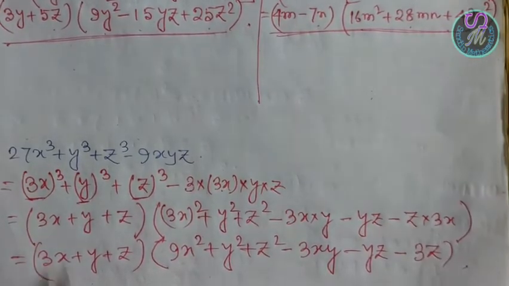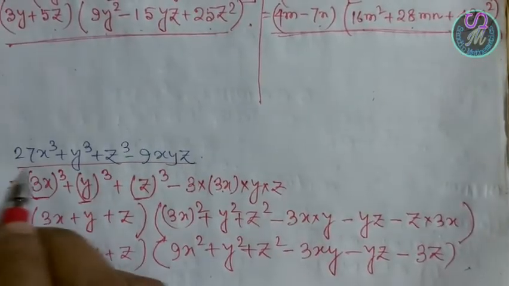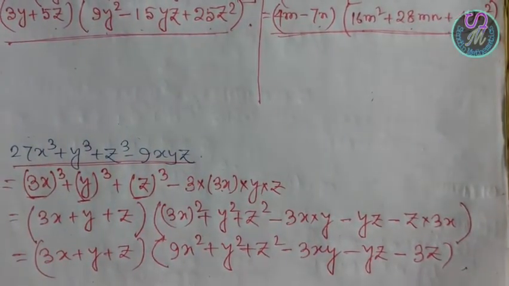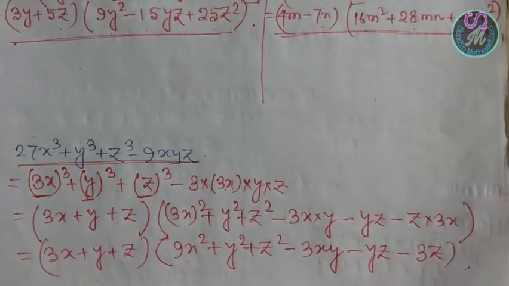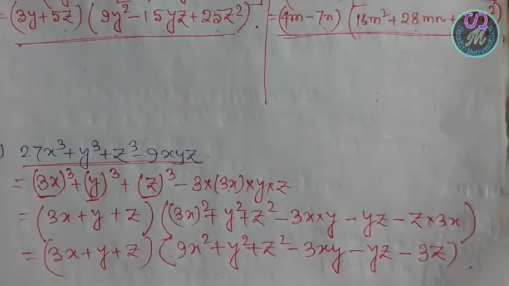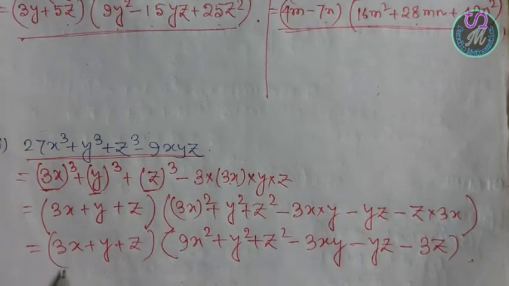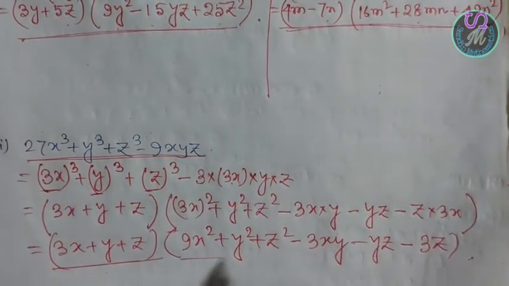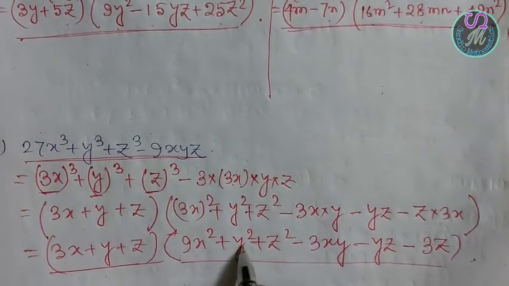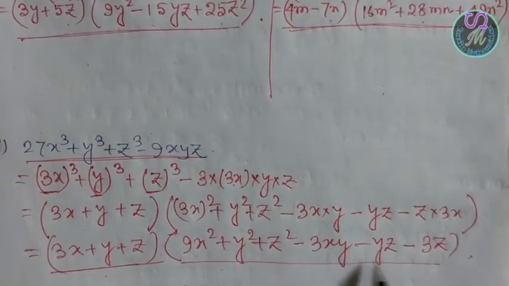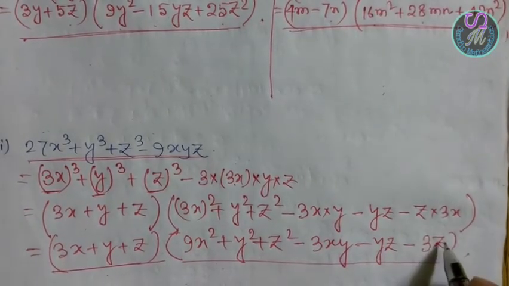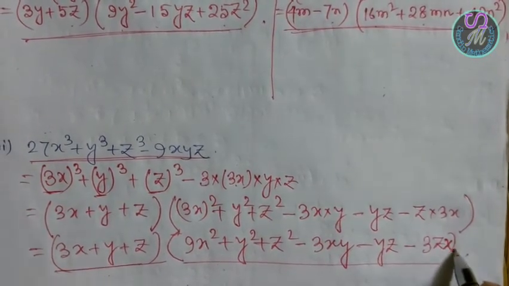So this is the factorization of 27x cube plus y cube plus z cube minus 9xyz. This is equal to 3x plus y plus z into 9x square plus y square plus z square minus 3xy minus yz minus 3zx.